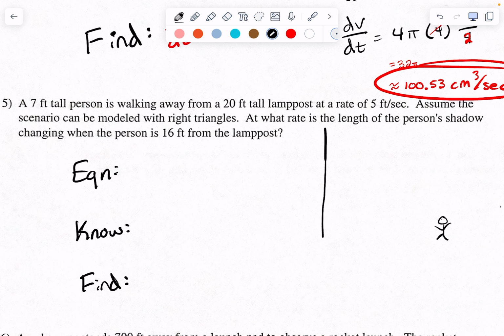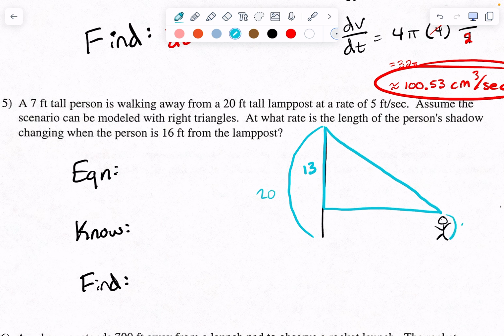Okay. First of all, 7 feet and 20 feet, my right triangle is not going to be using those lengths. Right? 7 feet and 20 feet, which means my triangle is how much? 13, right? 20 feet is from here to here, and 7 feet is from here to here.